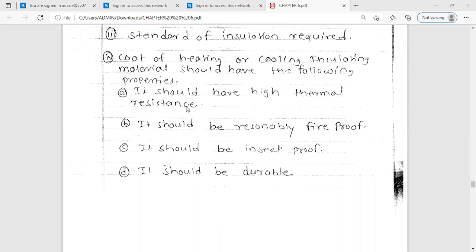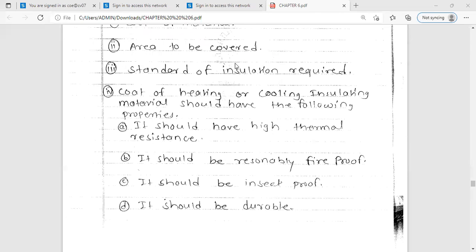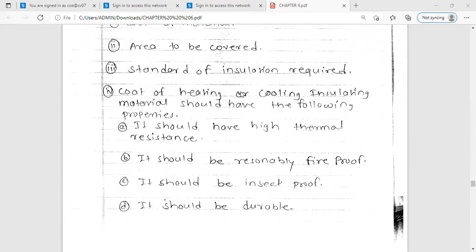Means वाळवी वगैरे जे आहे ते त्याला लागायला नकोय. देन आफ्टर दॅट ड्युरेबल, टिकाऊ असायला पाहिजे. It should not catch easily fire, and thermal resistance of that particular material should be more or high. Okay, so such kind of material we can use for achieving thermal insulation. Okay, so this was about the thermal insulation.